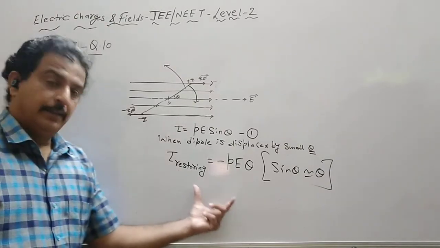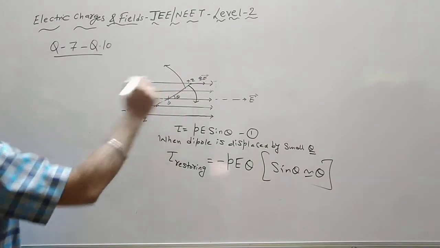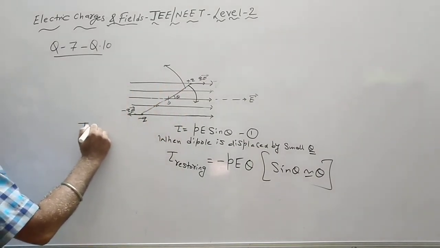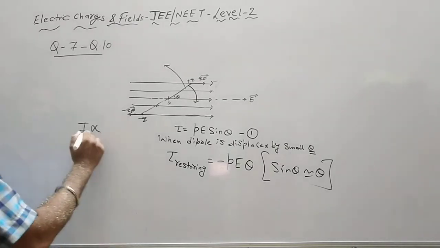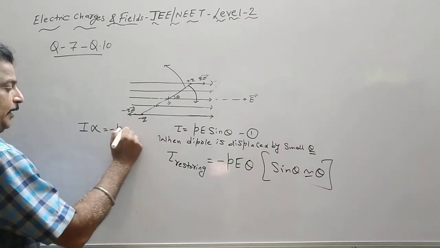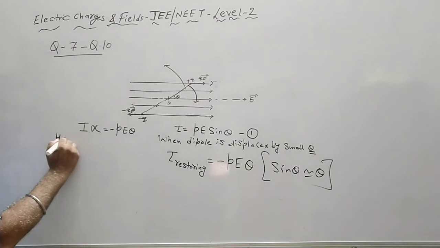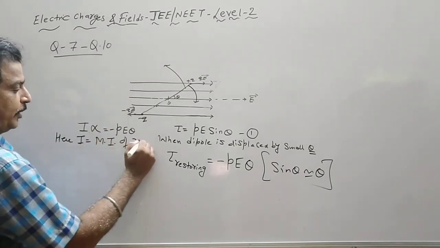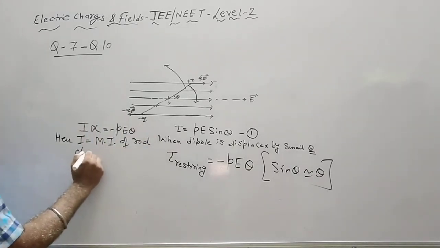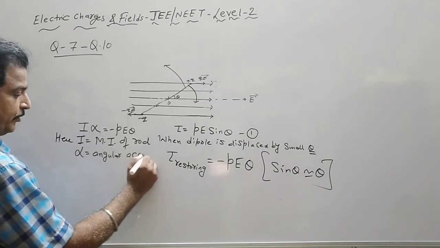Now for an angular displacement theta, tau is written as I alpha, where I is the moment of inertia. So I alpha can be written as minus PE theta. Here I is the moment of inertia of the rod and alpha is the angular acceleration.